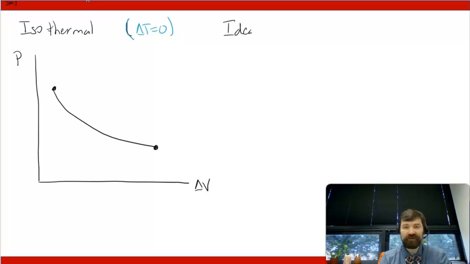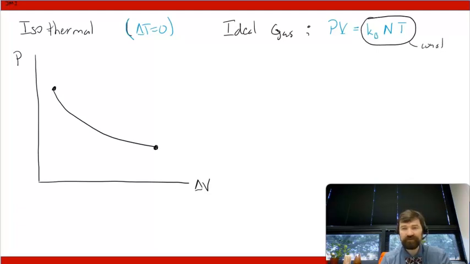The ideal gas law says that P times V is equal to nRT, or if you prefer, K sub B capital N T. Now these are all constant. So isothermal, we're also assuming that there are no leaks in our system, but these are all constant.